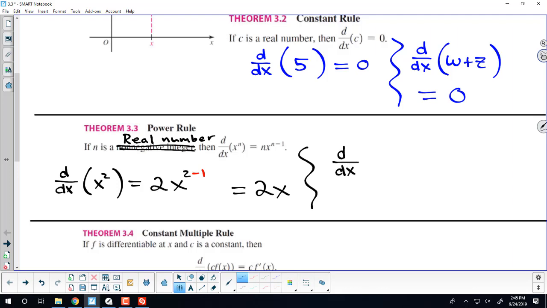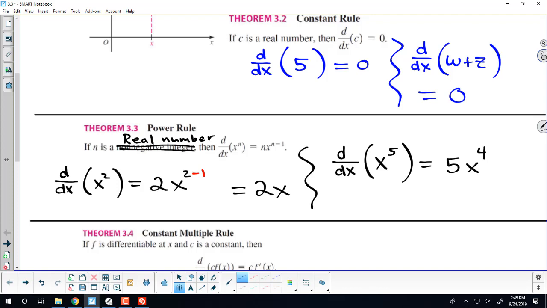What's the derivative with respect to x of x to the 5th? 5x to the 4th. Now imagine if you had to put that into the difference quotient. You had to take x plus h, multiply itself 5 times, subtract off x to the 5th, simplify all that, right? That's super tedious. Okay, so that's our power rule.